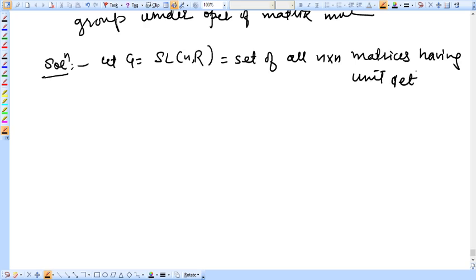We have to show that G forms a non-abelian group under the composition of multiplication of matrices, right?